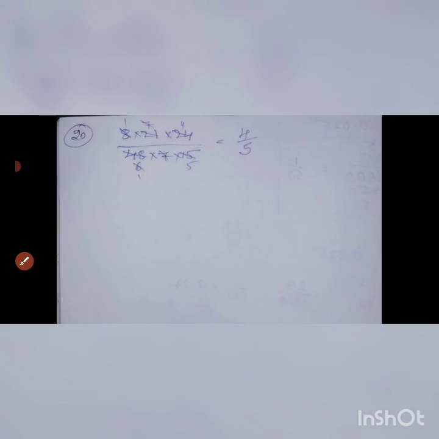Next question, simplify 8 into 21 into 24 by 48 into 7 into 15. So here this is the numerator part and this one is the denominator part. So just try to simplify the numerator as well as the denominator.